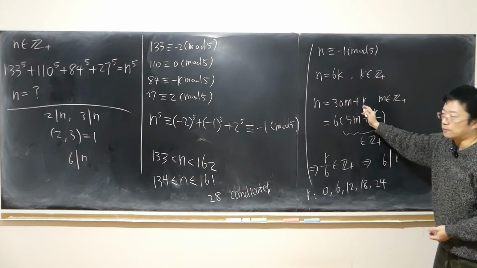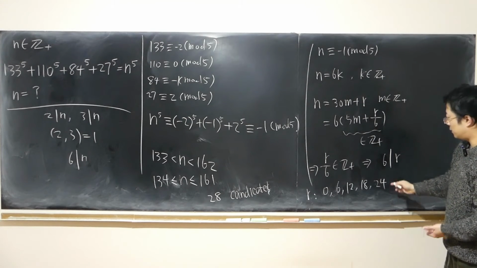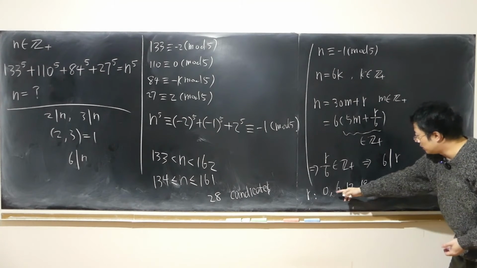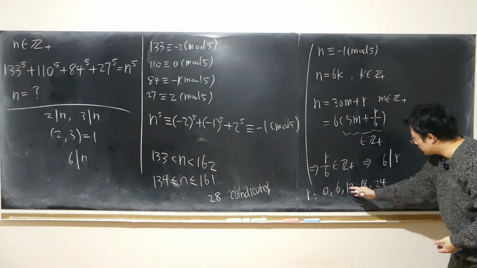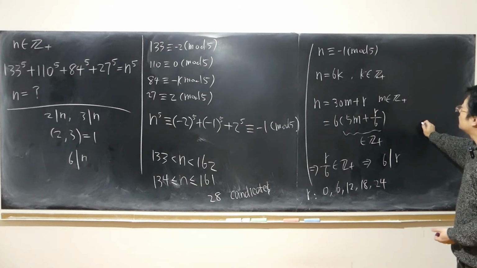I'm talking about the non-negative remainder, from 0 all the way up to 29, so it cannot be 30. So how can we rule out some of the candidates here?